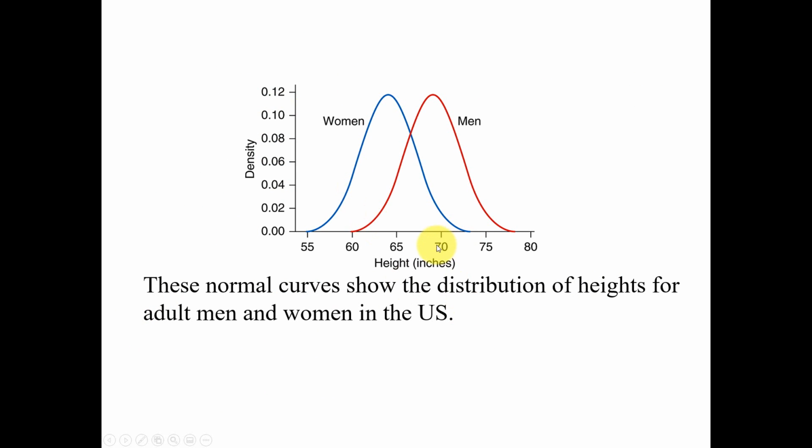So these normal curves show the distribution of the heights for men, this red curve, and for women, this blue curve in the US. They're both normal, and they have some overlap here. The men's mean is located around 70 inches. No, the women's is more like 63 inches.